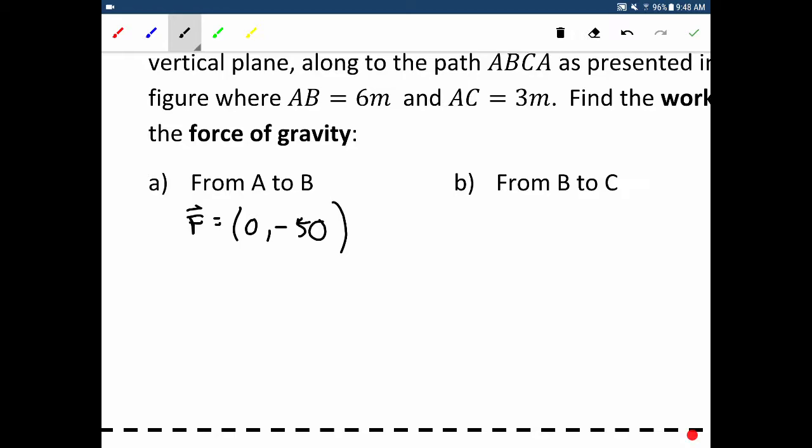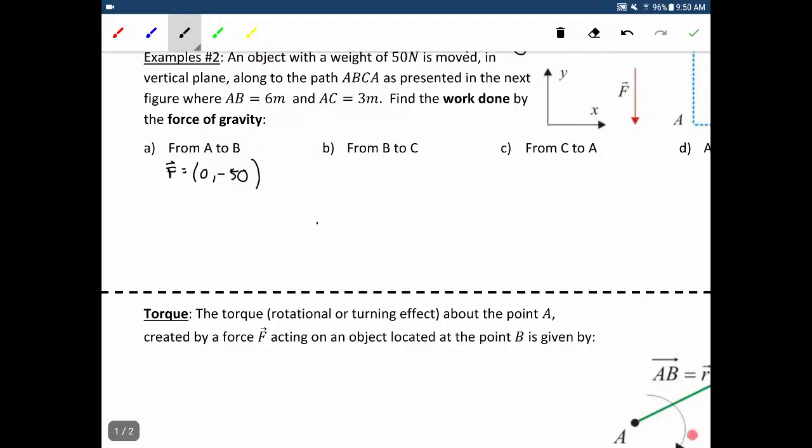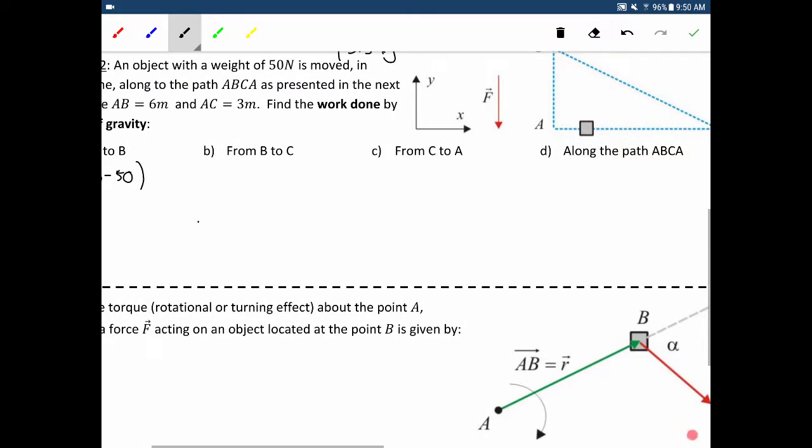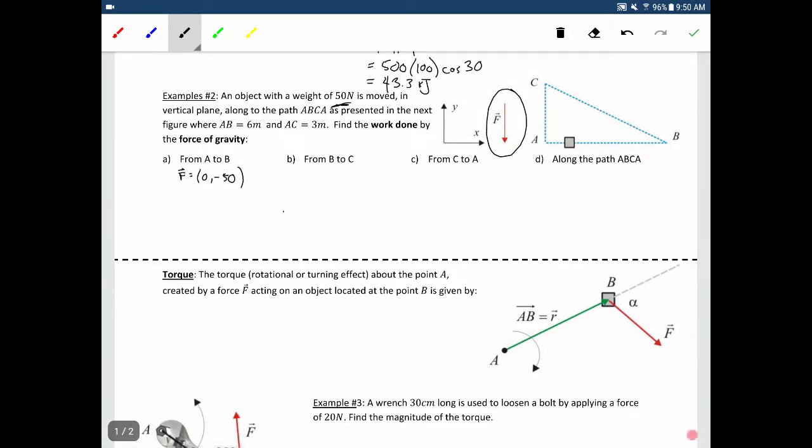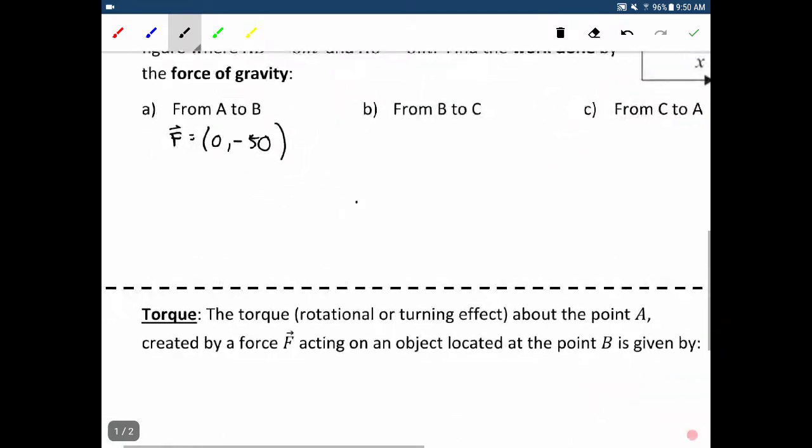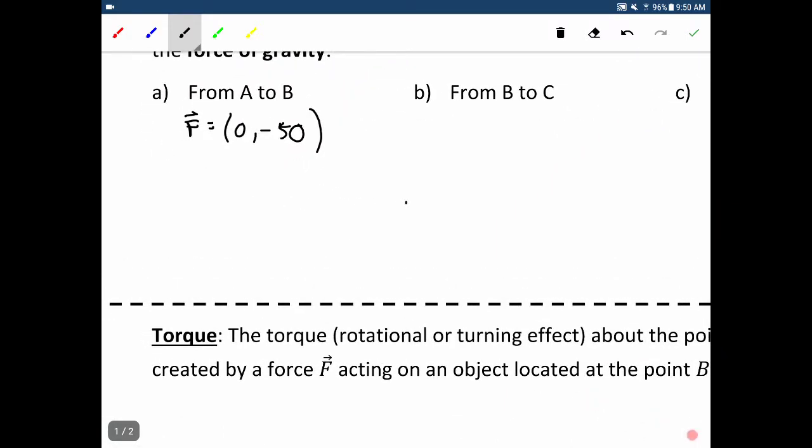Hold on a second, sorry. Let's just recap why that is there. We've got our force, which is right here, and you can see it's going down, 50 newtons. The negative is because it's going in that down direction, and it's not going side to side at all.